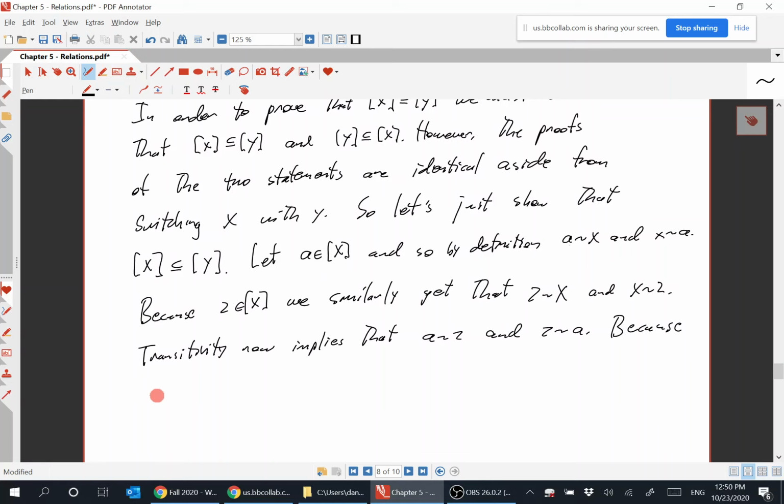Yeah. So because Z is an element of bracket Y as well, Z is related to Y, and Y is related to Z. Therefore, by transitivity, what?